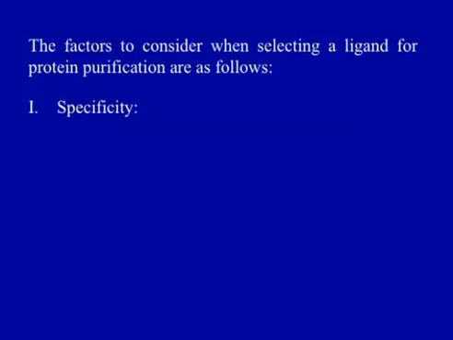Now, the factors to consider when selecting a ligand for protein purification: first is specificity, which is very important. The ligand should recognize only the protein to be purified; it should be highly specific. There could be two different types of ligands.